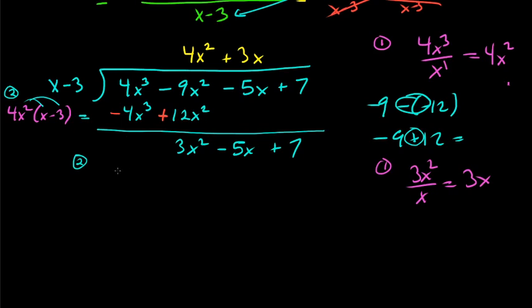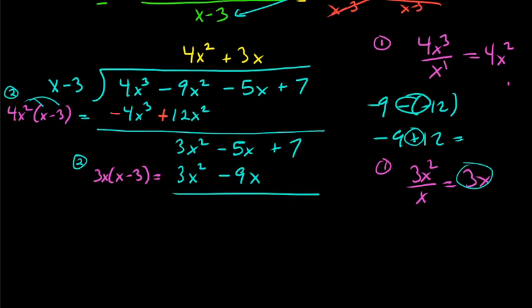Okay, step 2. We take the 3x and we multiply by x minus 3. Sorry, 3x times the divisor x minus 3. So the 3x from here, and the divisor is still x minus 3. When you multiply 3x times x, you get 3x squared. 3x times negative 3 is negative 9x.